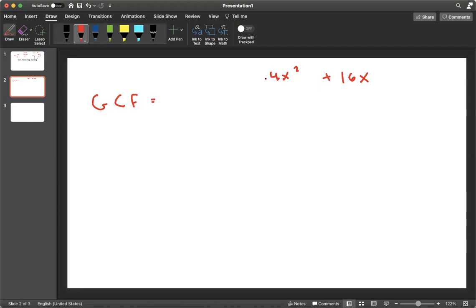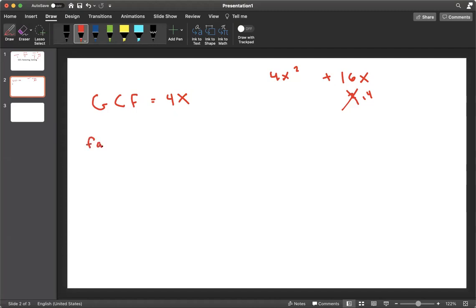So if I look at 4 and 16, they have 2 in common and they have a 4 in common. GCF is greatest. So we are going to use our 4. Then both of them, they have an x. So my GCF would be 4x.